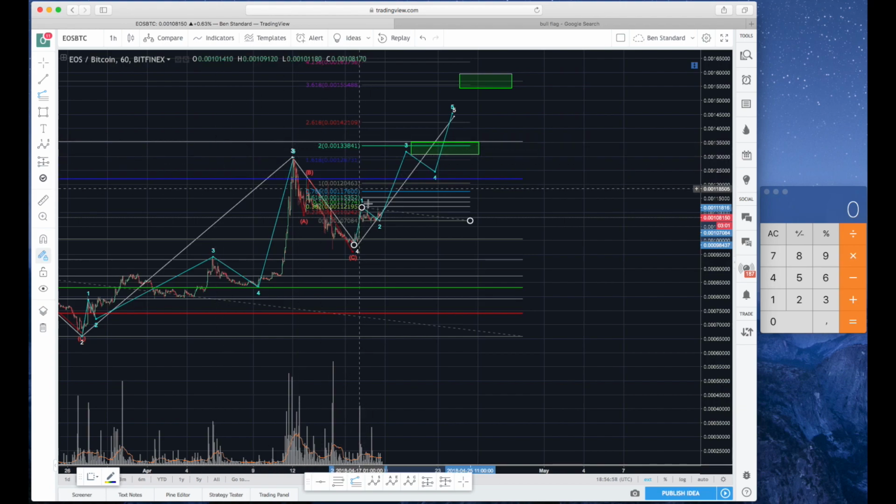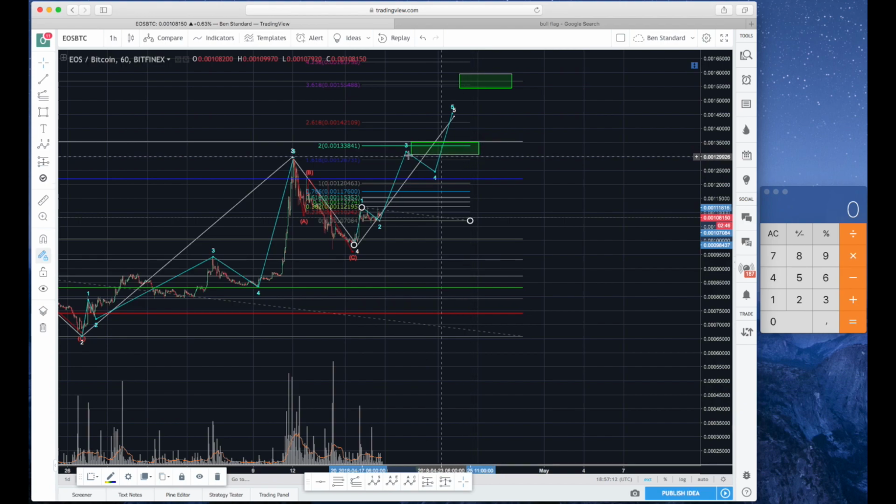So here you can see that, like I said before, the third subwave is usually 1.618 of the first wave, which is correct here.